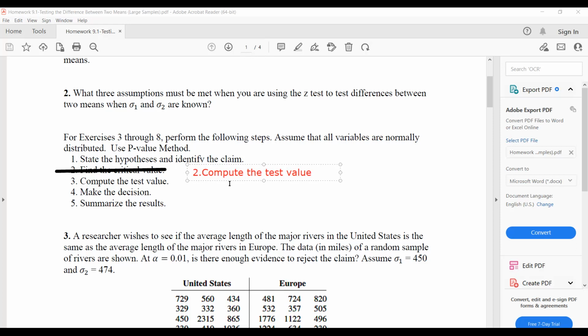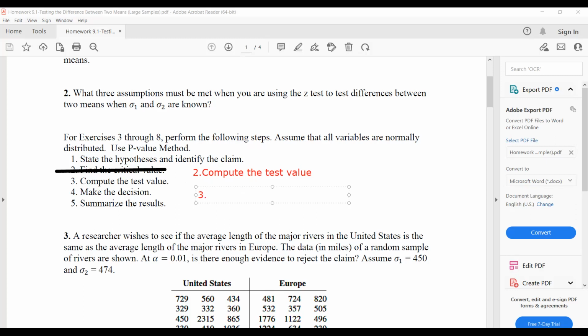Step 3 is going to be to find and report the p-value, and then we're going to make the decision just like before.